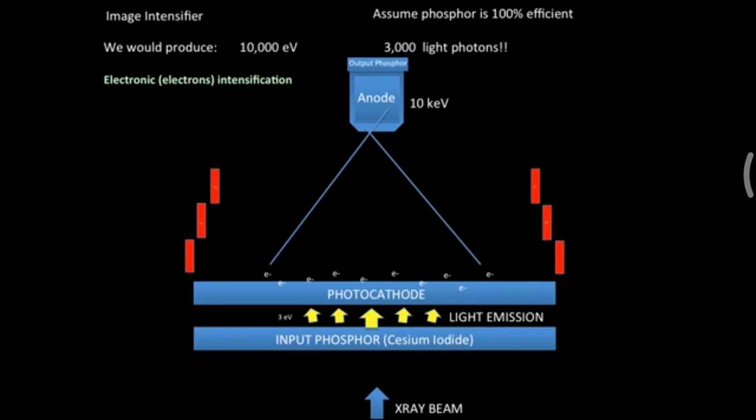So there's a significant magnification going on here as a result of the potential that we generate through the acceleration of electrons towards the anode.